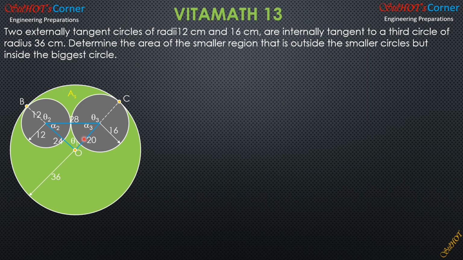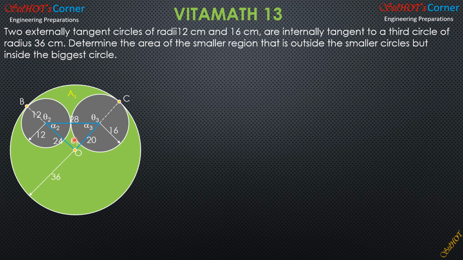Now to solve for the area of the triangle, we need this angle theta 1 and of course alpha 2 and alpha 3 to determine theta 2 and theta 3 for the area of these two sectors. So for theta 1 we apply the cosine law.